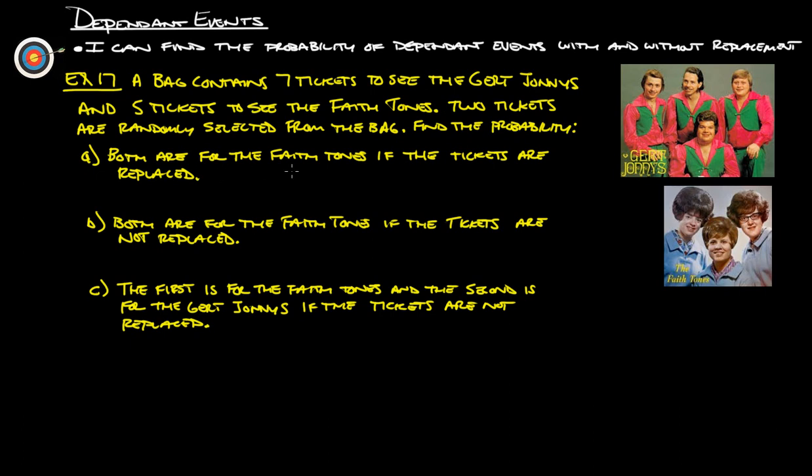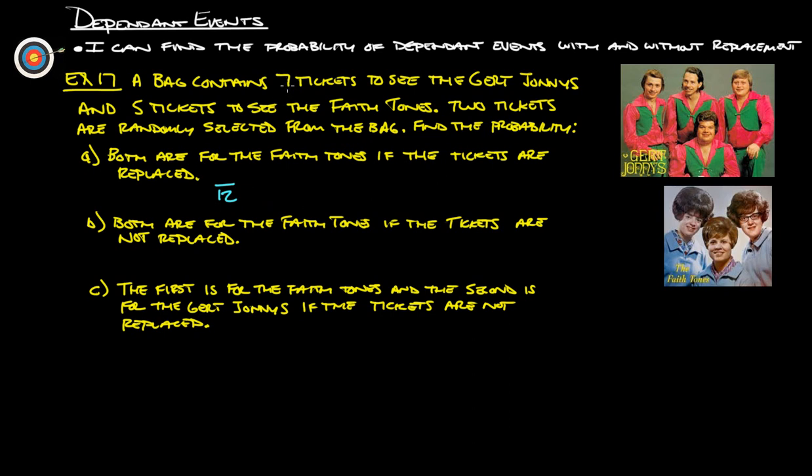So, probability, we got 7 tickets to the Gert Johnnies and 5 to the Faith Tones. So that means that there are 12 total that we're picking from.